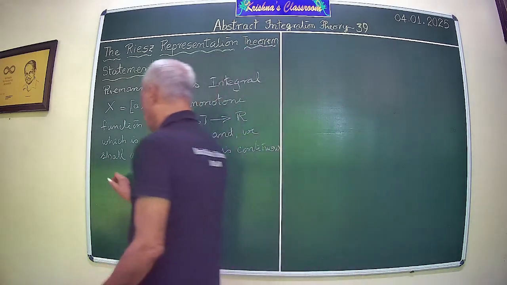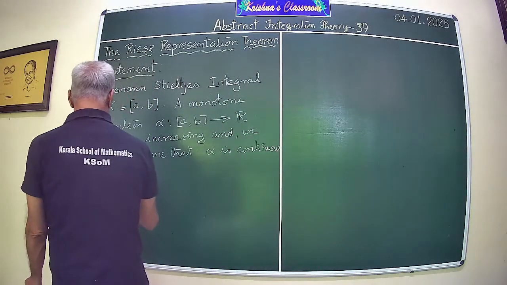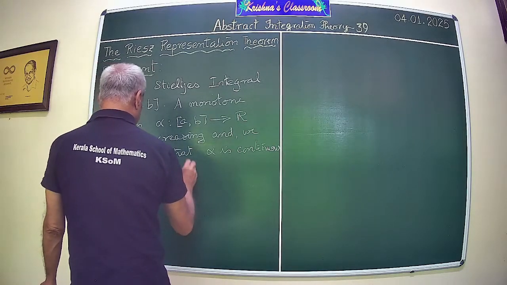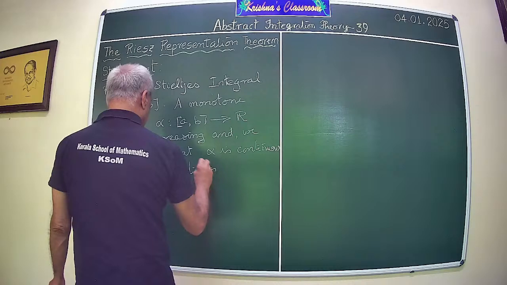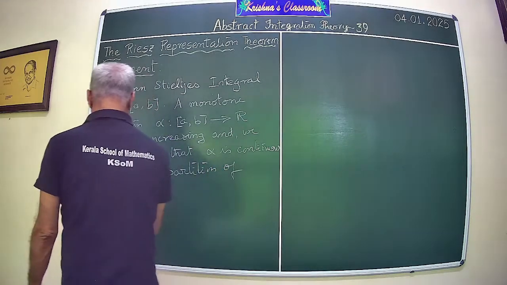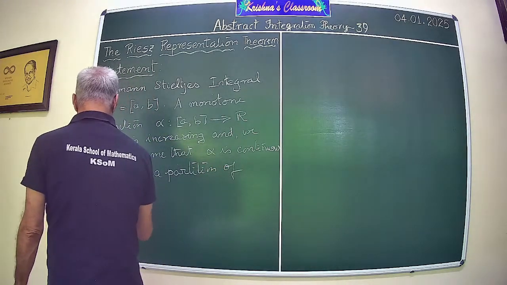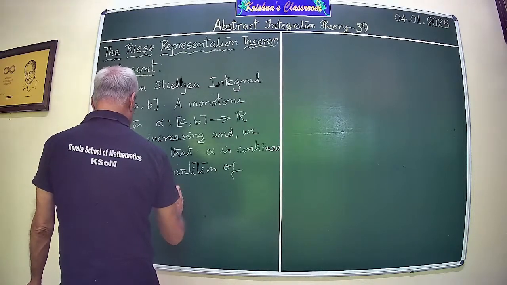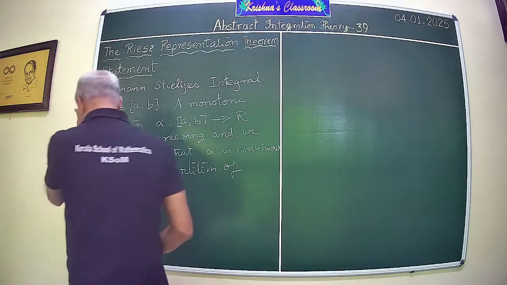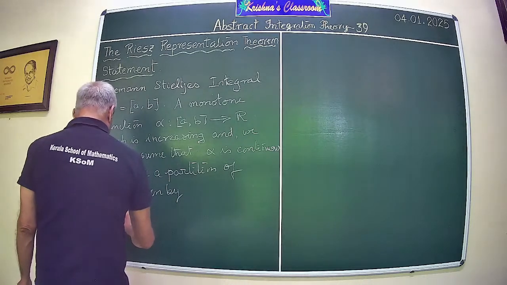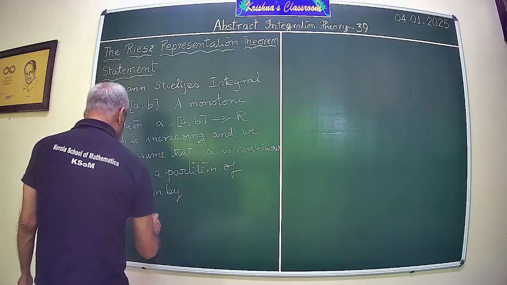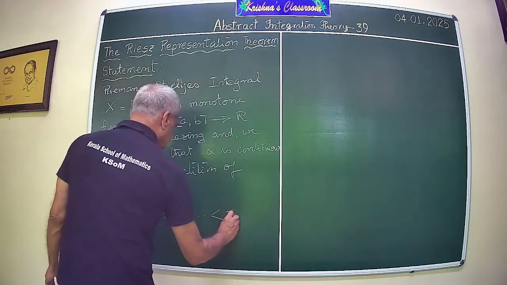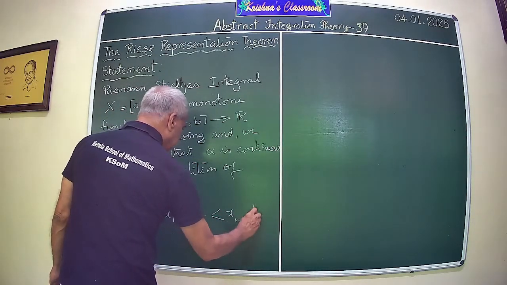So let P be a partition of [a, b] given by a equal to x0, x1 less than ... less than xn equal to b.